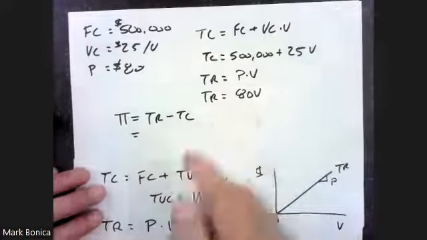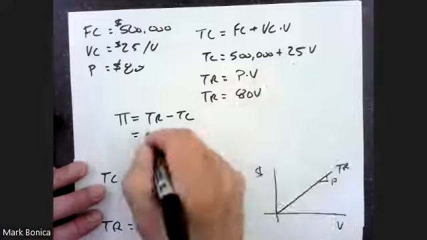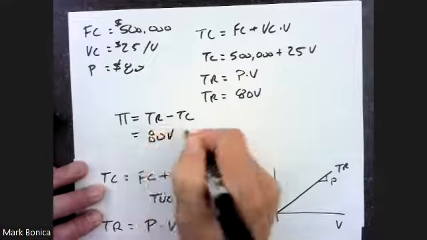We said total revenue is price times volume, or 80V. Total cost is 500,000 plus 25V. So that's our profit function for this clinic.